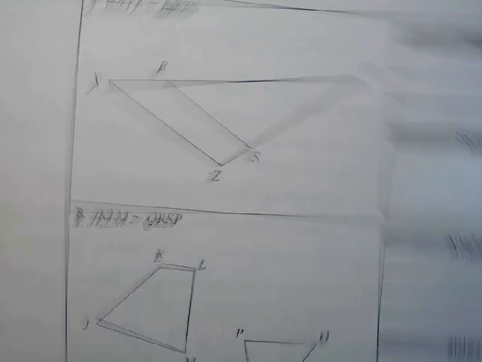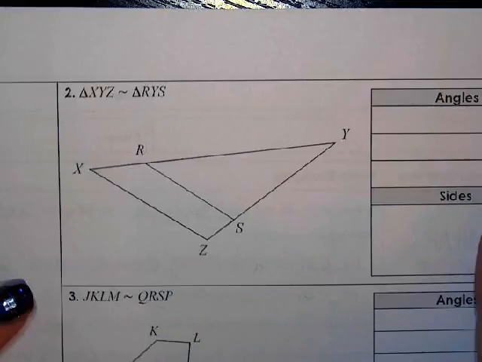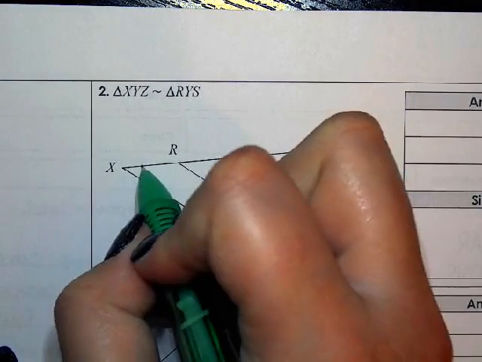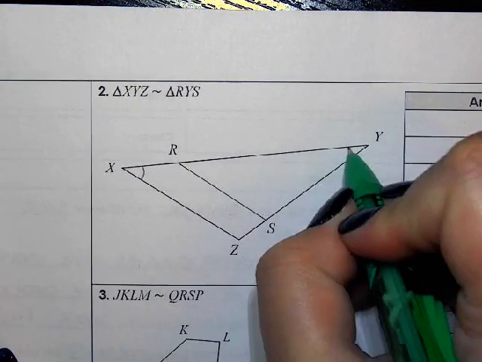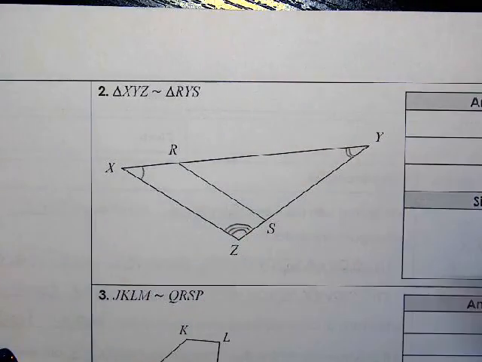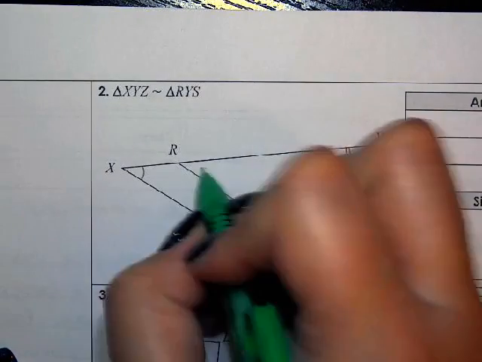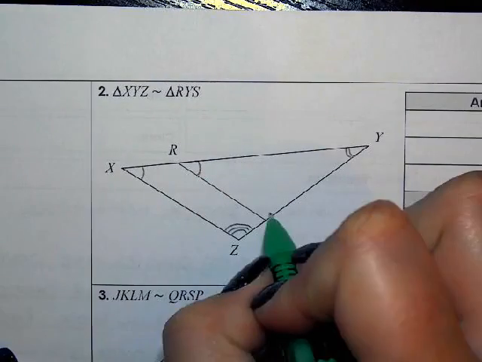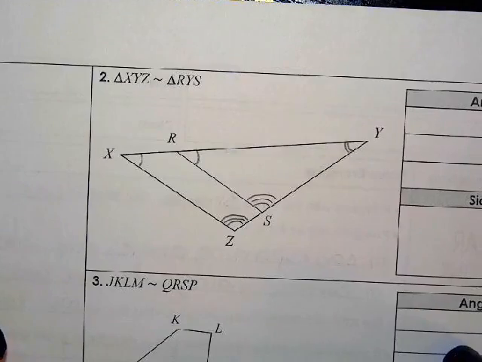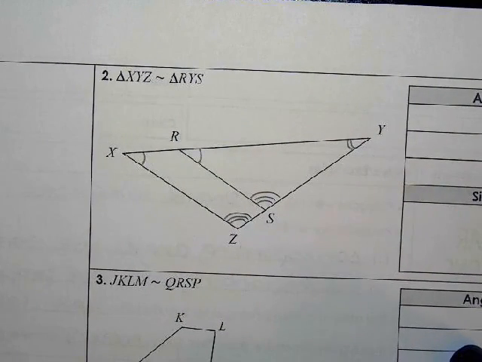All right, here we have XYZ. So I've got XYZ is congruent to R, I already labeled Y, and then S. Now, we have something interesting happening. I've got two angles right here that are the same and two angles right there that are the same.